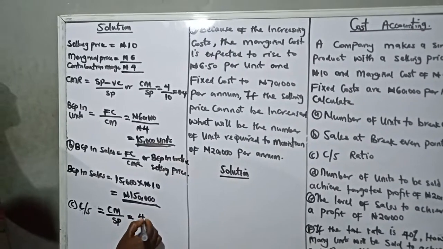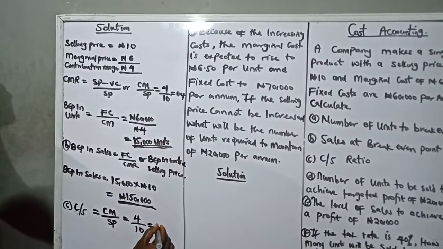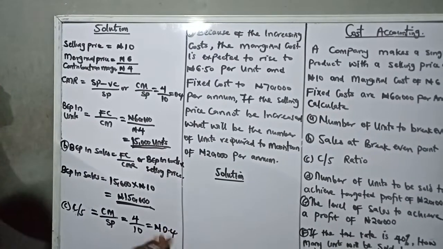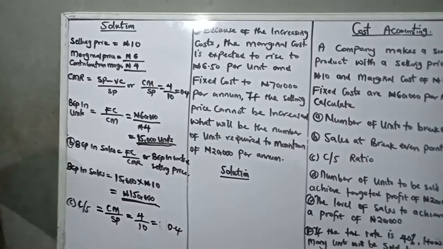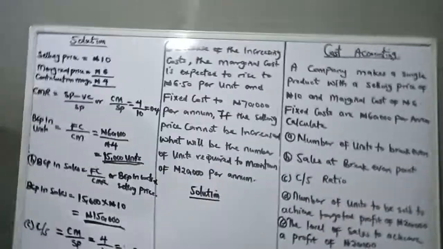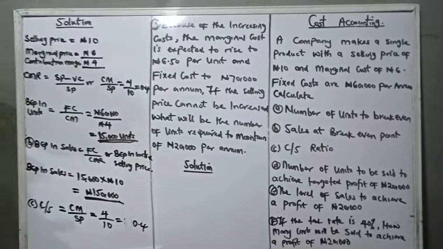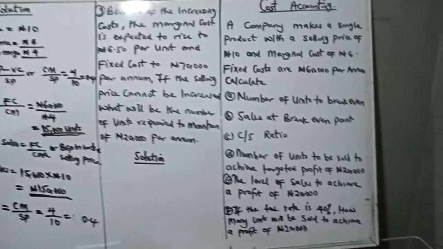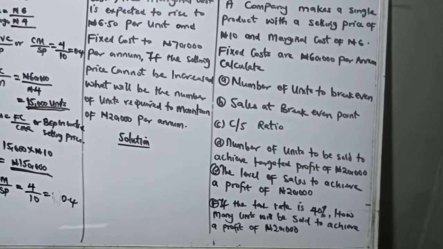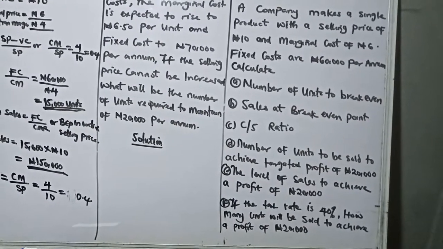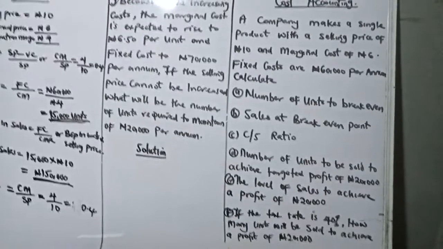That gives me 4 all over 10, which is 0.4. So 0.4 is our CS ratio. You can see very, very simple. It's not difficult at all. So we've done the A part, the B part, and the C part. So the next one is number D.